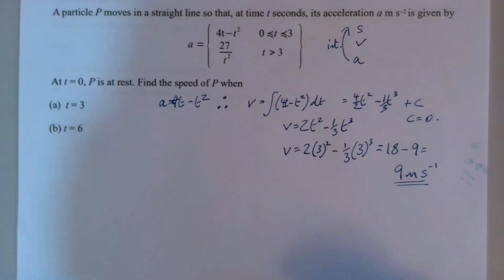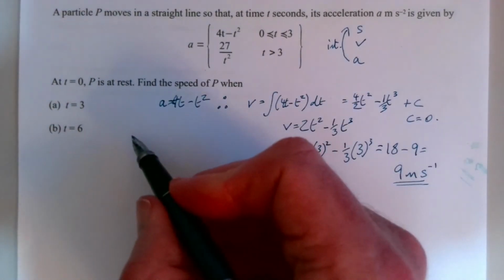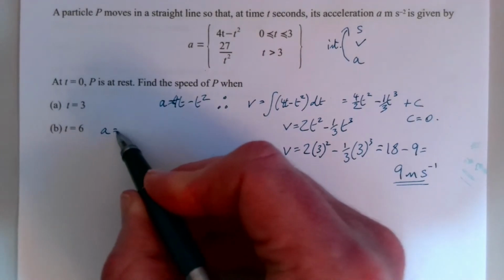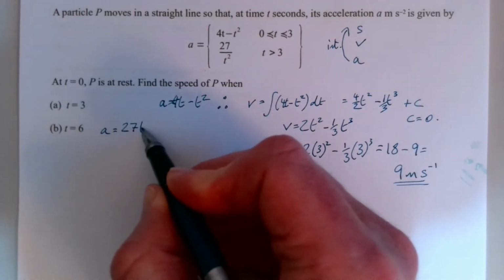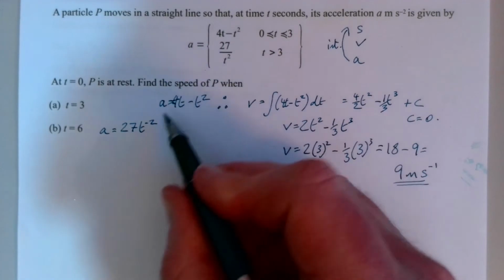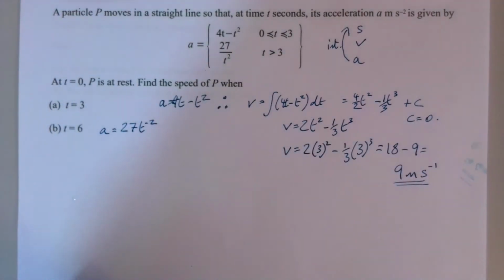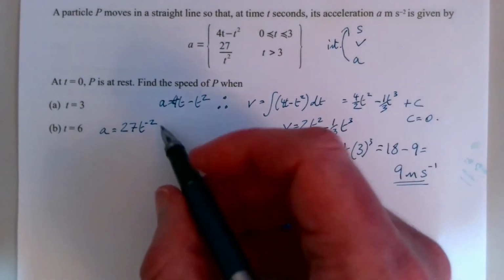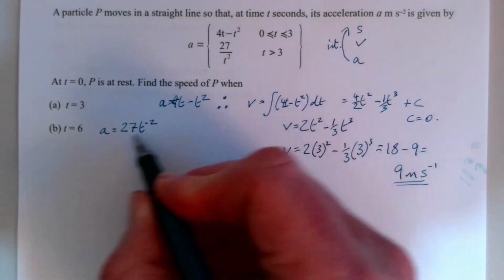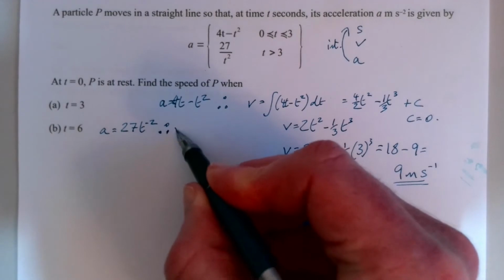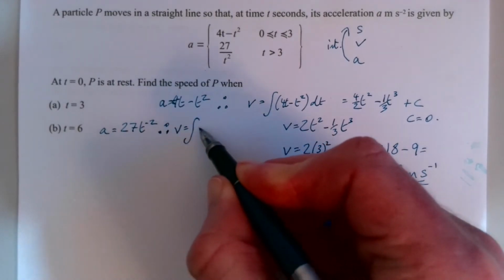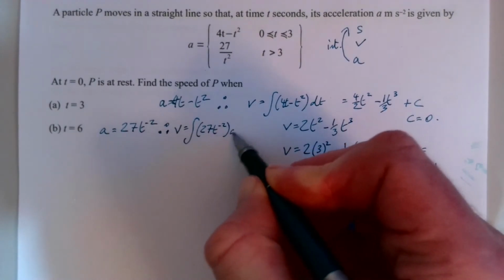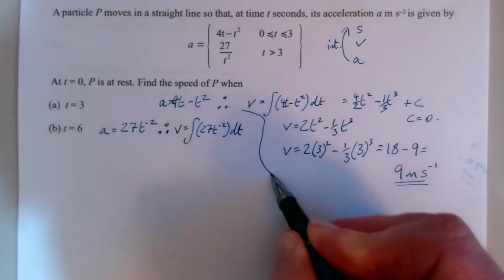Coming on to part B, we need to integrate. We're saying a is equal to 27 t to the minus 2, always put it into multiplied format, and then we're going to integrate that. Our velocity is going to be 27 t to the negative 2 integrated with respect to t.